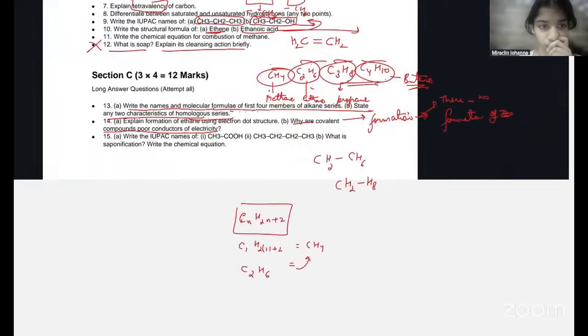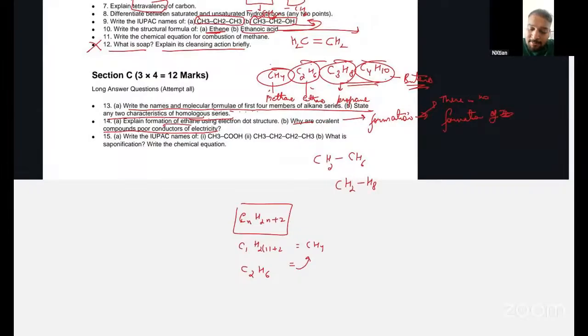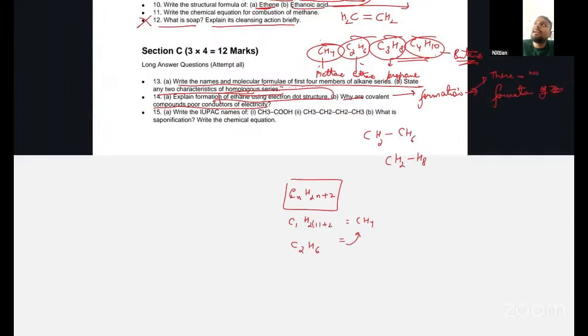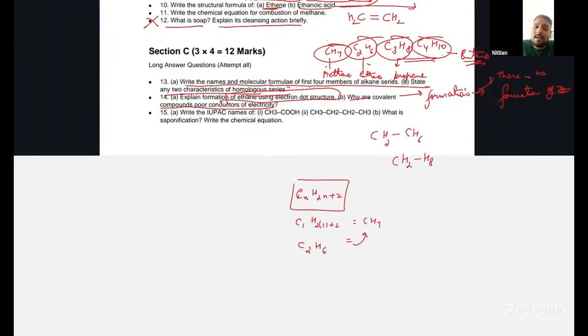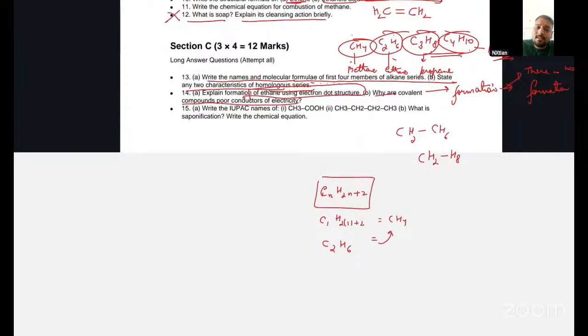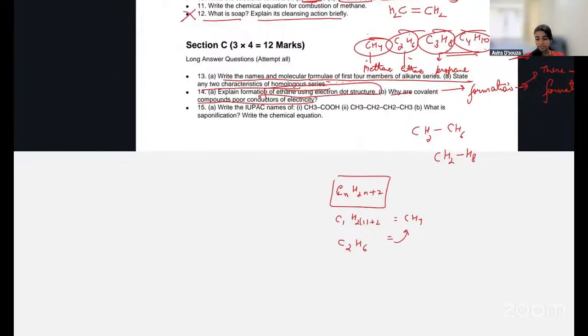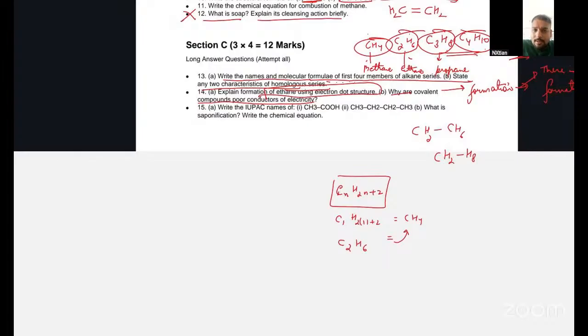So explain the formation of ethane. Now, who did it wrong? I guess Ira. I knew what was wrong, but I didn't know how to do it properly. I drew the real one near it. I'll copy it down after class.